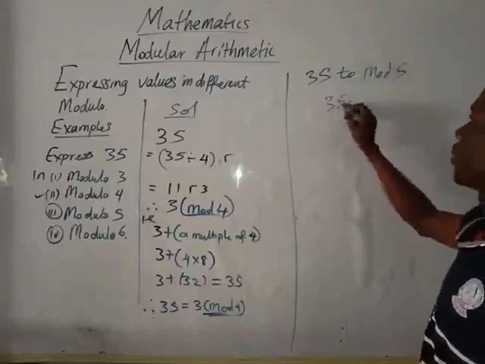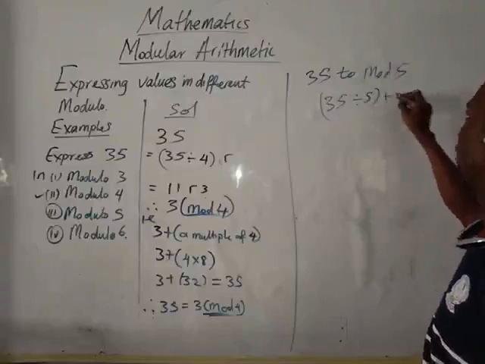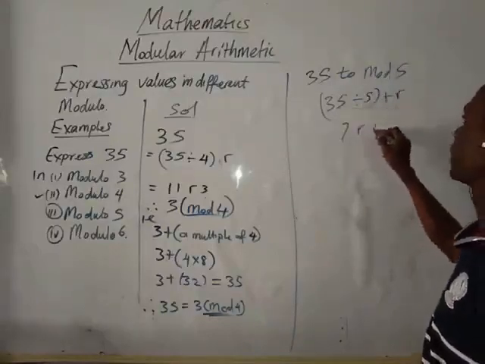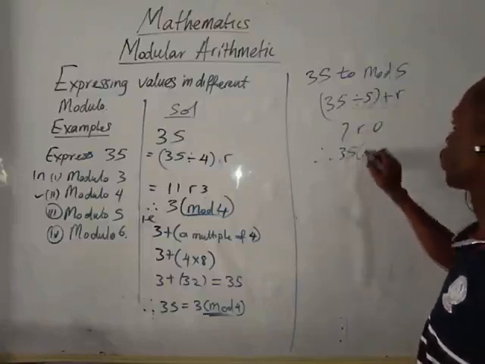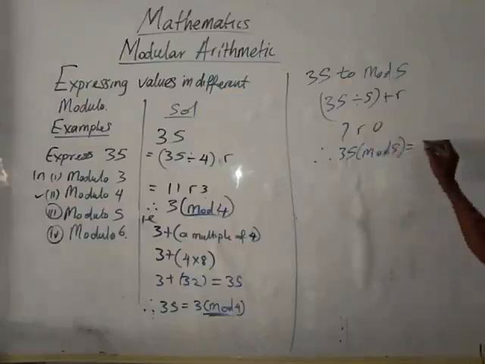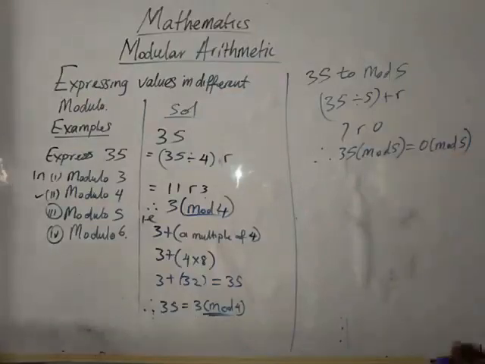That's 35 divided by 5 plus its remainder. So what is going to be the remainder? Here we have 7 remainder 0. So therefore, my 35 to mod 5 will be written as 0 mod 5, because there's not going to be a remainder, that's why I have 0 mod 5.